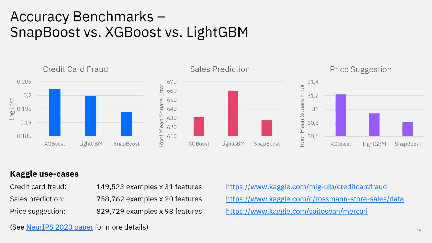And I'd like to emphasize that this is after hyperparameter tuning. So this is the tuned test loss for these 3 different frameworks. Again, this is our most recent research, and we just had our paper on SnapBoost accepted to the NeurIPS conference, which will take place in December. So please check out that paper for more details.